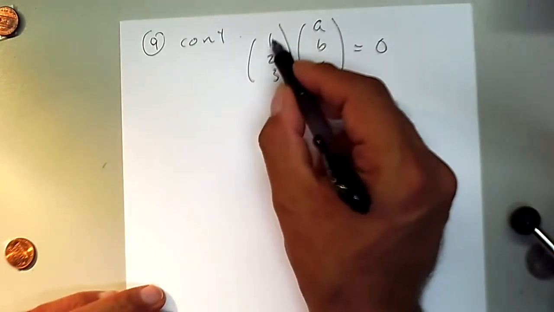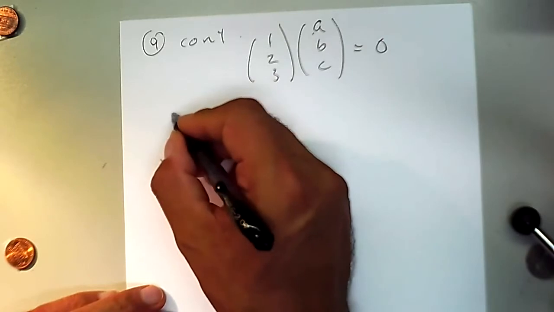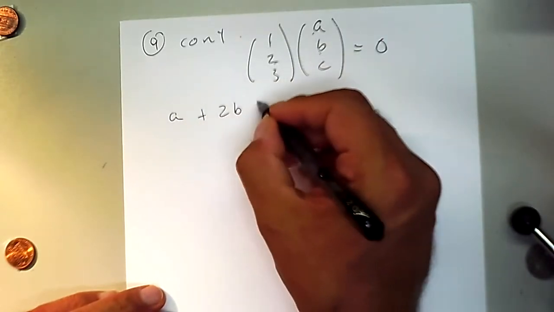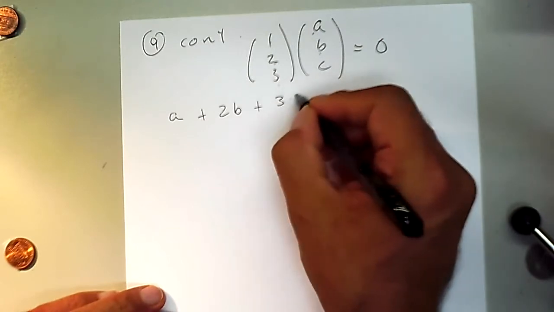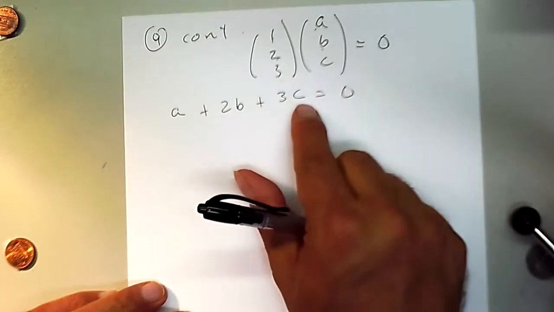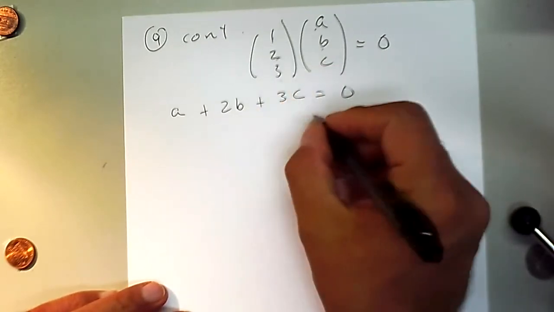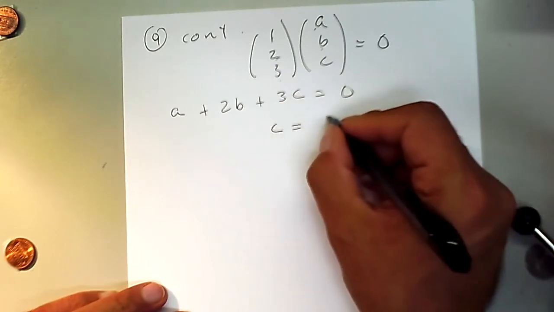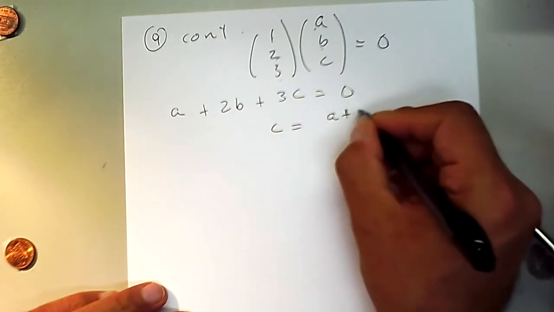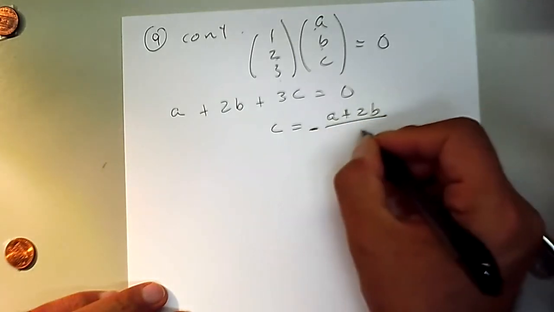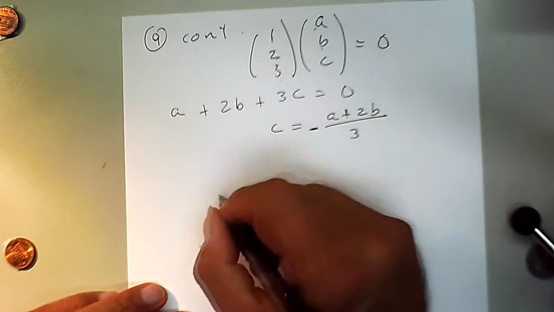Well, that means that 1A, so just A, plus 2B plus 3C would have to be 0. And that means that C would have to be A plus 2B over 3, with a minus sign, subtracting that fraction over 3.